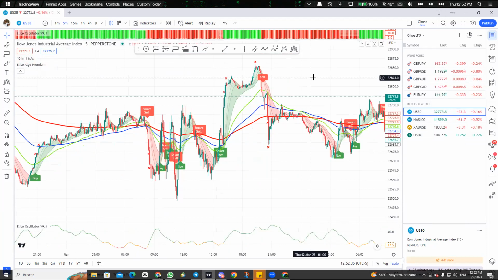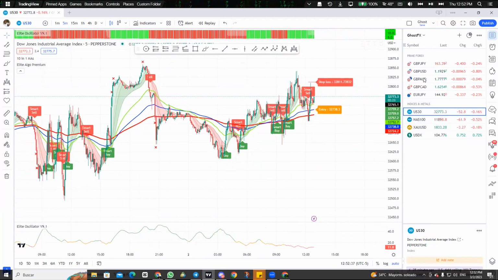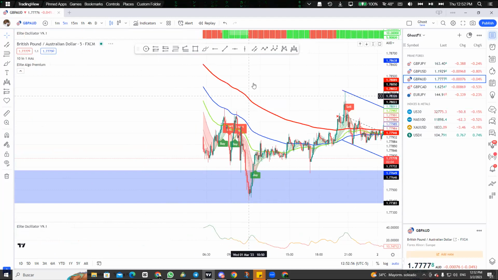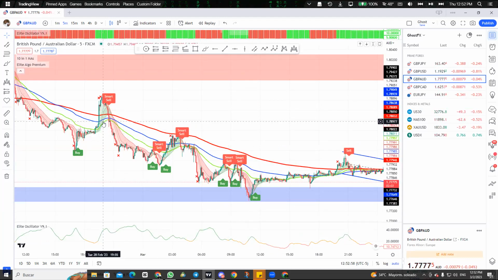But if the same thing comes under the support level, how should we take the buy? You can use support and resistance, that's no problem, but it's not necessary because the EMAs themselves are support and resistance.